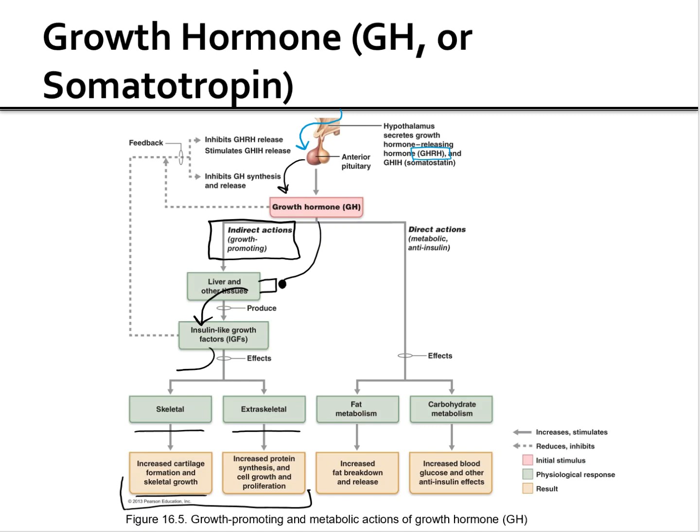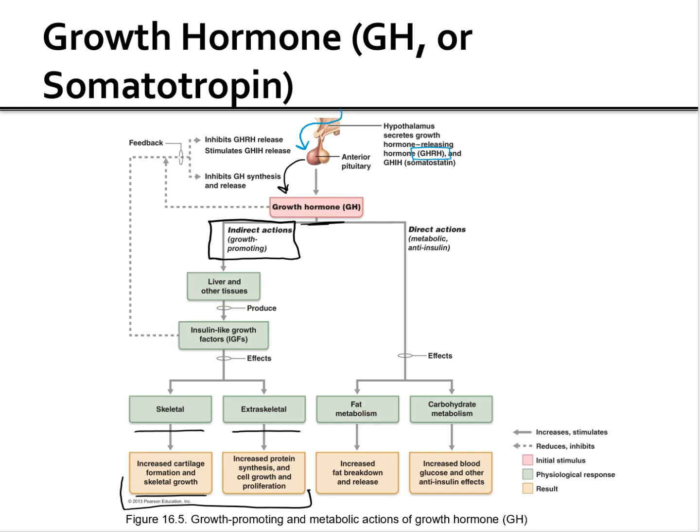And then insulin growth factor goes out and does these things that we often conceive growth hormone doing. Without growth hormone, this doesn't occur. So yes, growth hormone is required, but it's required as an indirect mechanism.